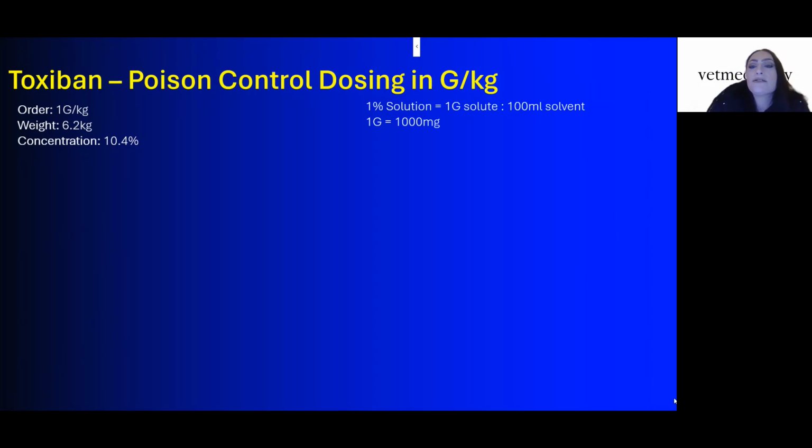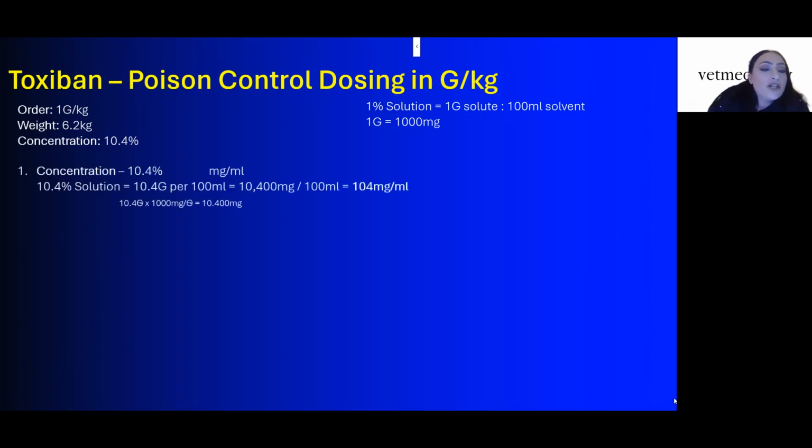So a 1% solution again is 1 gram solute into 100 mils solvent, and 1 gram is equal to 1,000 milligrams. Concentration is 10.4%, and that gets converted to mgs per mil. So 104 mgs per mil is how that works out to be.